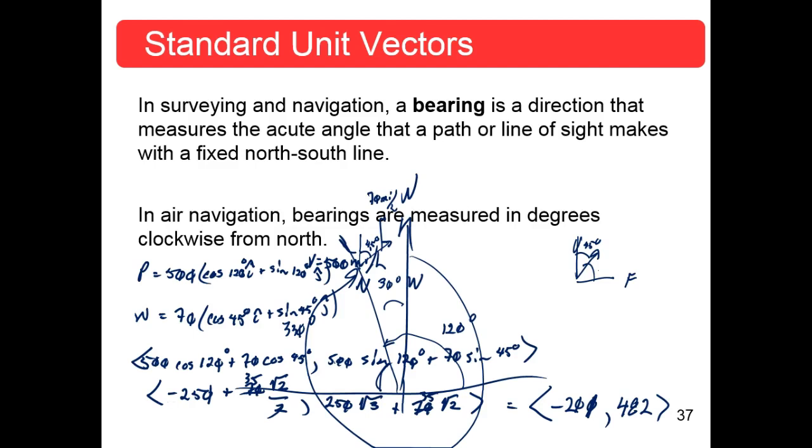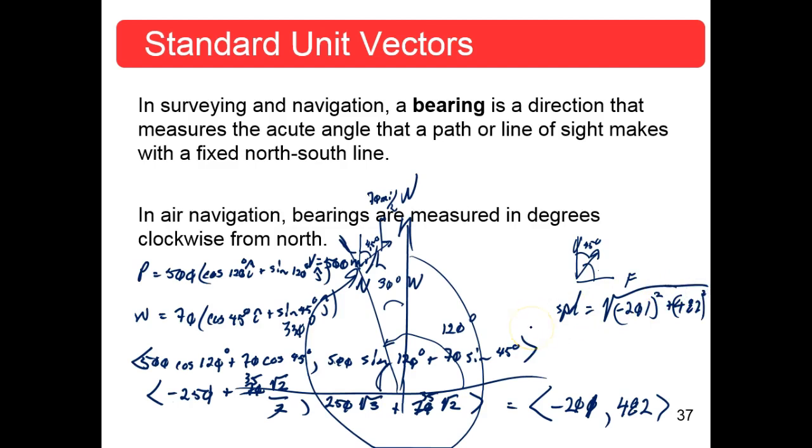Yes, the square root of negative 201 squared plus 482 squared.